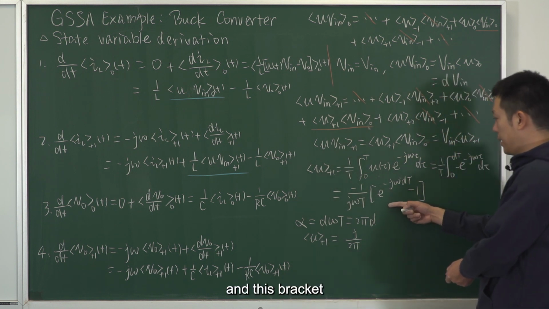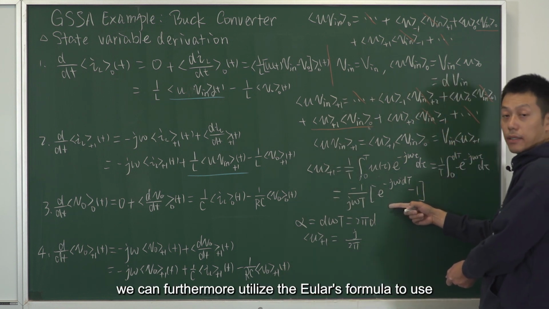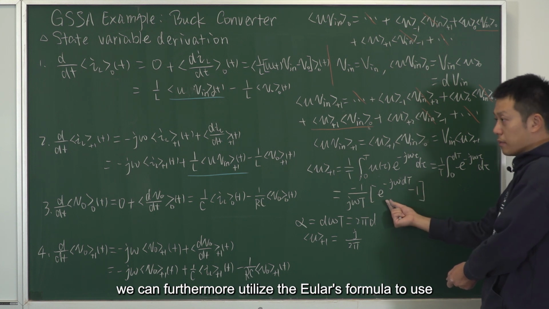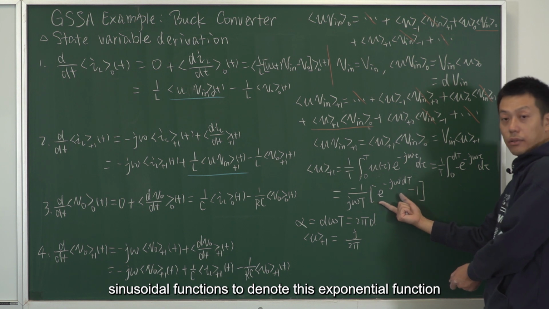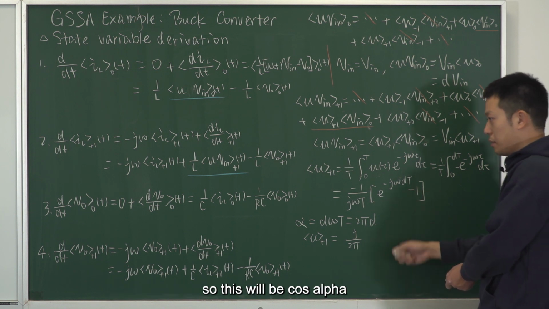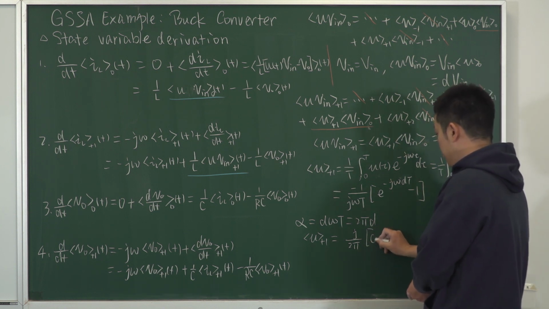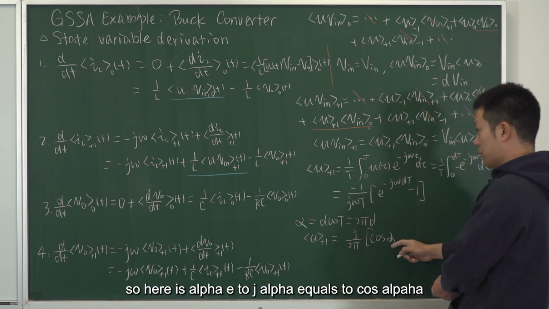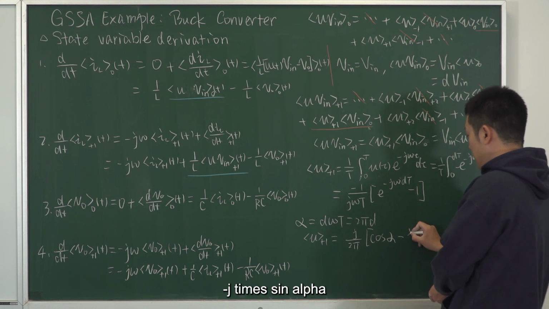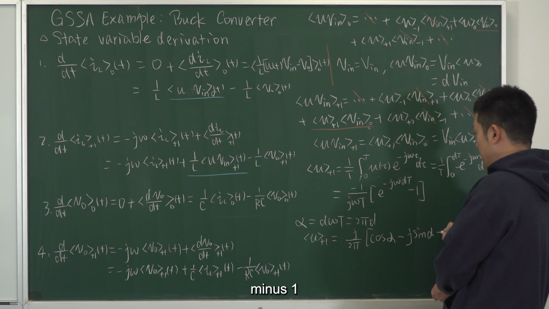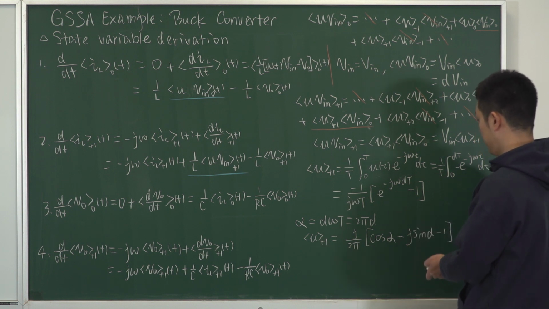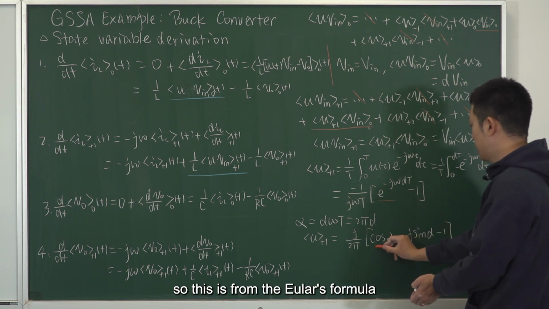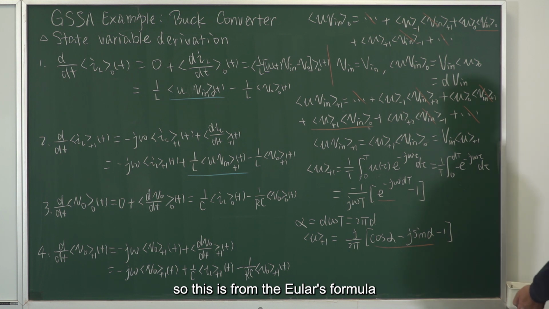And in this bracket, we can furthermore utilize Euler's formula to use sinusoidal functions to denote this exponential function. So here is alpha, right? e to the minus j alpha equals cosine alpha minus j times sine alpha, minus 1. So this is from Euler's formula, okay?